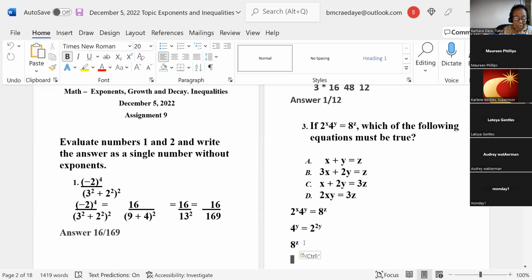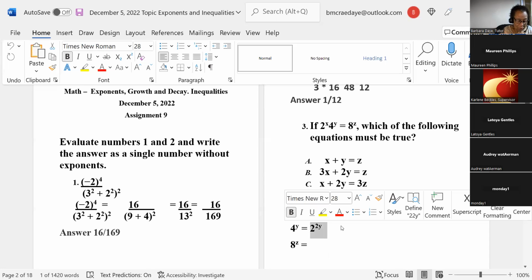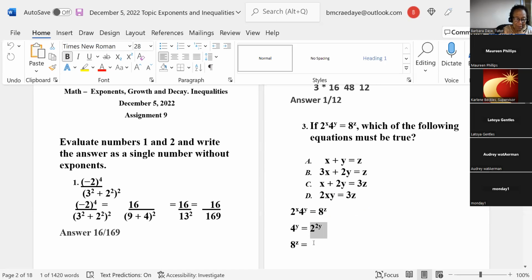So let's copy that and put our 3 there, because 2 times 2 times 2 is 8. So that would be a 3 here, right? So 2 to the 3z.